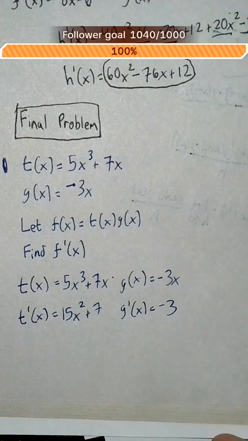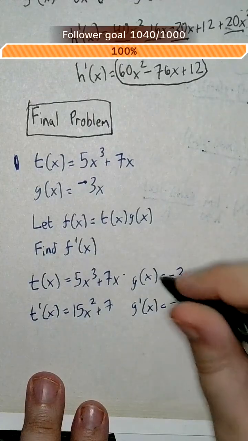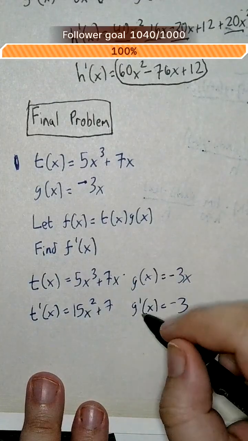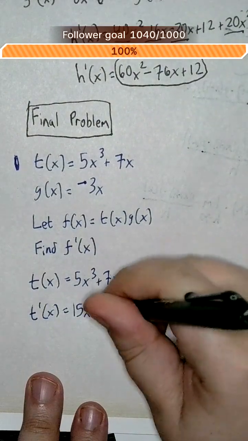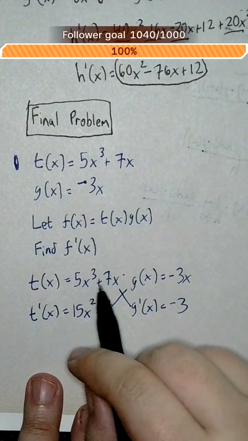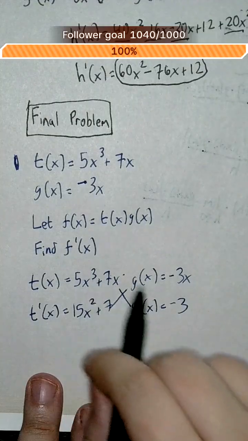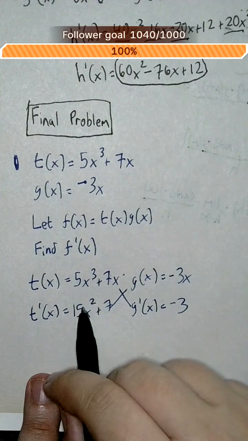Yeah, exactly. So now I have everything I need to do the product rule. I'm going to cross my functions, so I know this goes with this and this goes with this. I have the derivative of the first times the second.